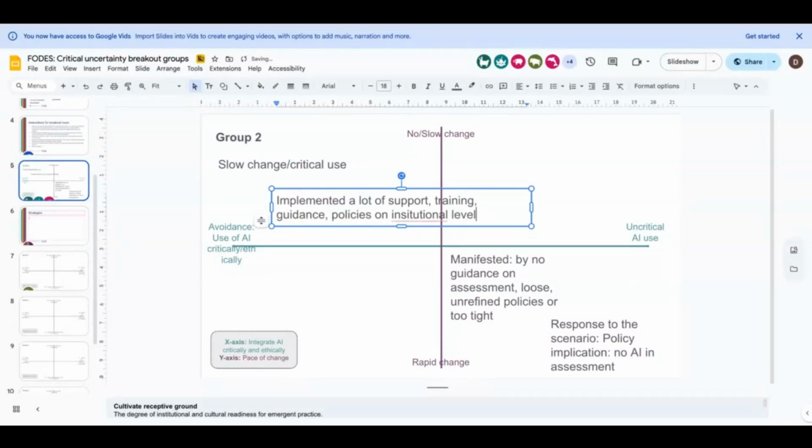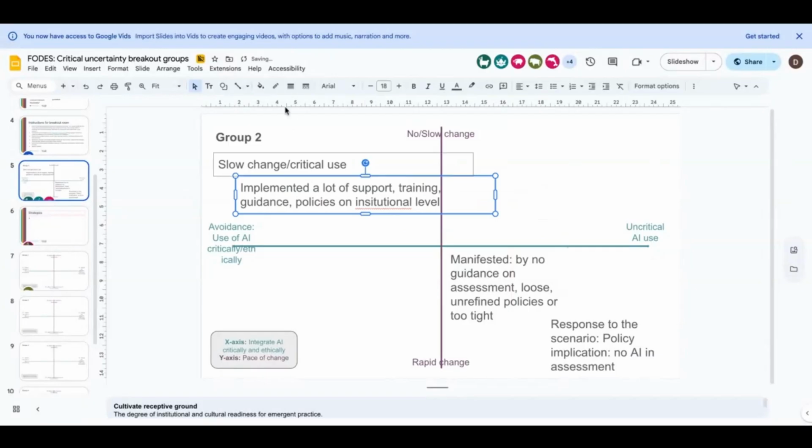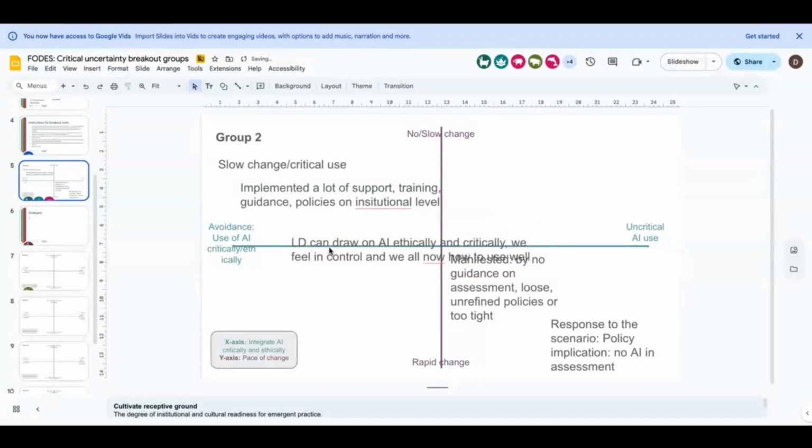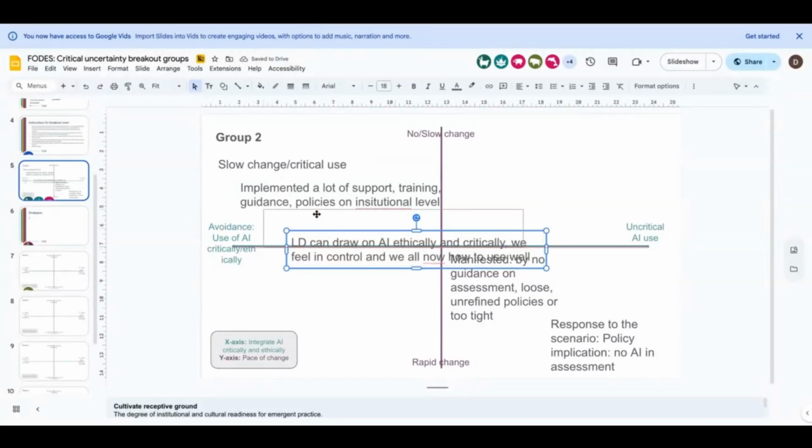So as a response to this, it is an ideal solution. Our learning design can draw on AI ethically and critically, and we feel in control, and we all know how to use it. Wow. Yeah, that's like an ideal.